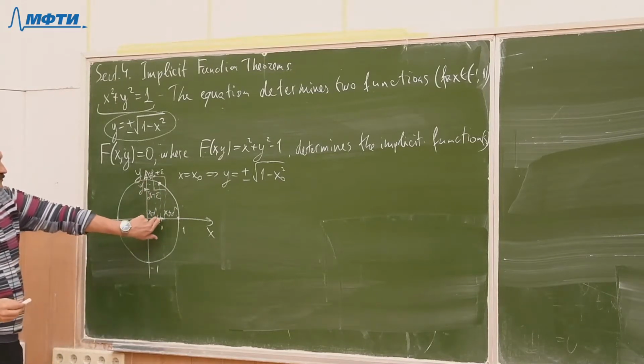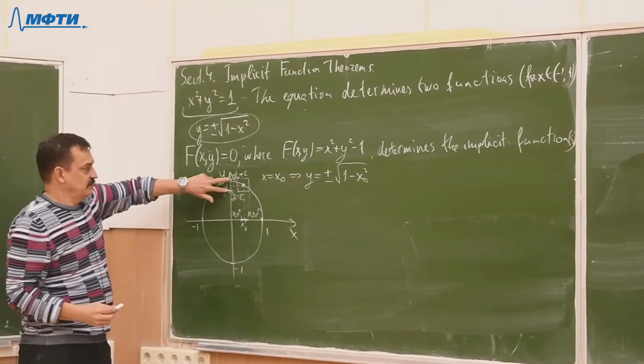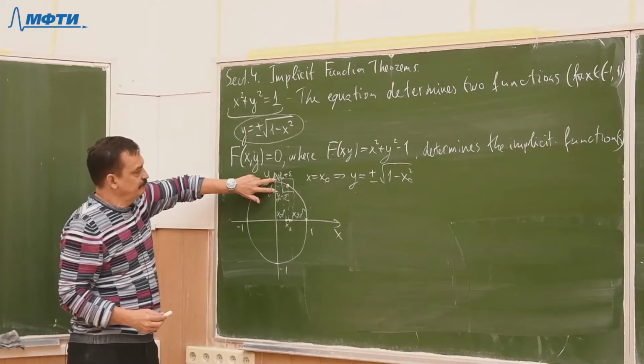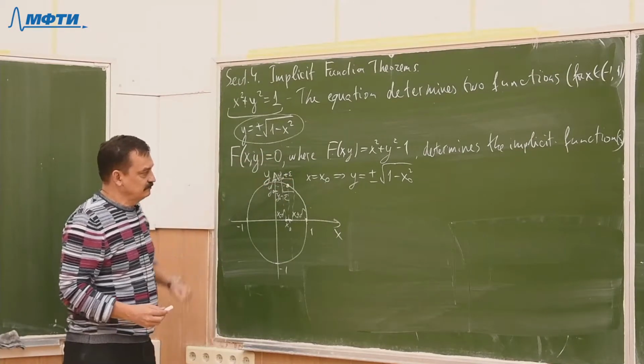So we have delta here, in fact 2 delta of course, 2 epsilon here, and we have a rectangle.